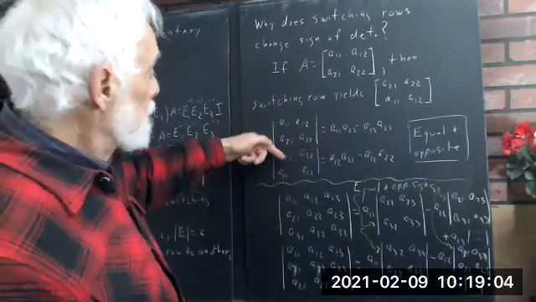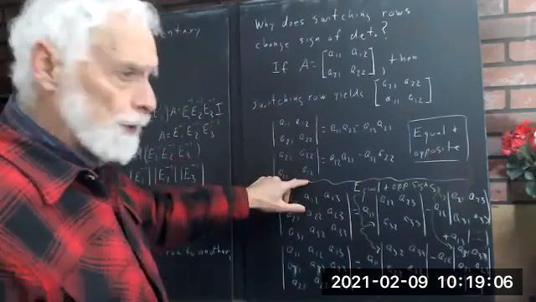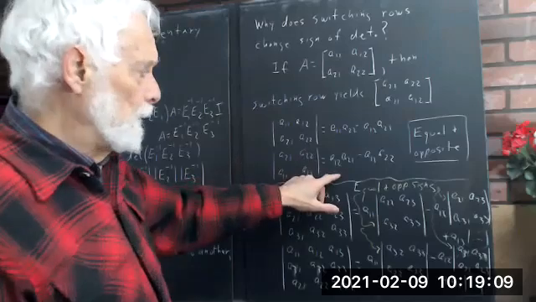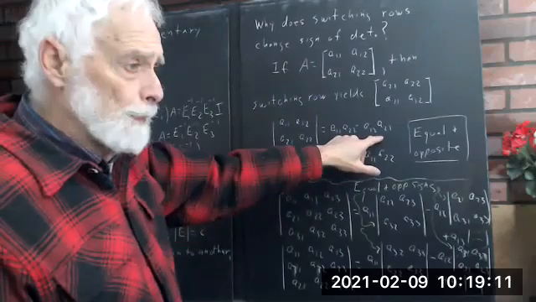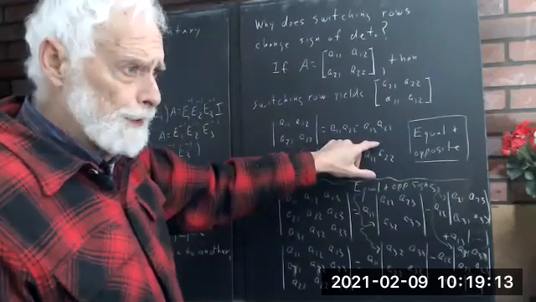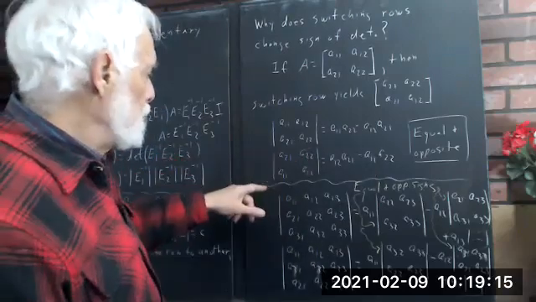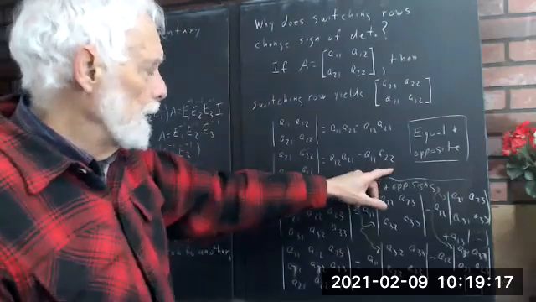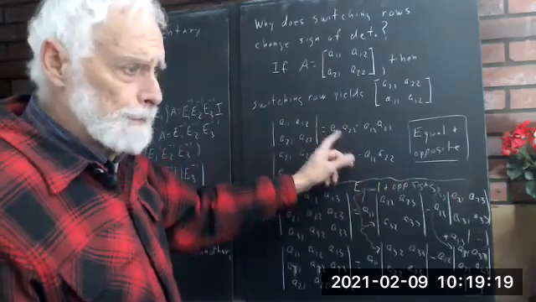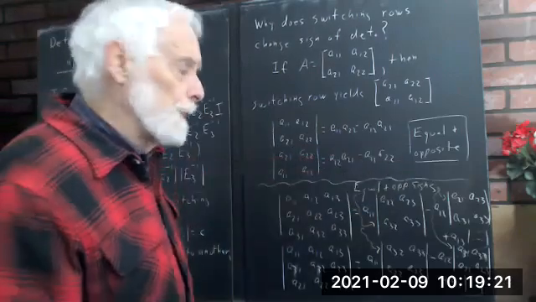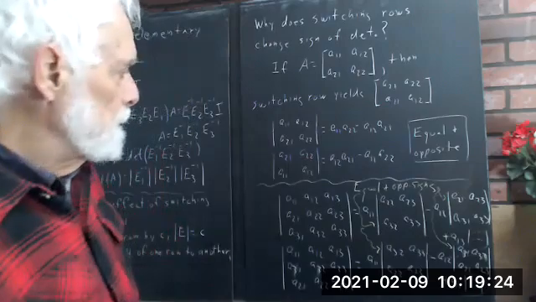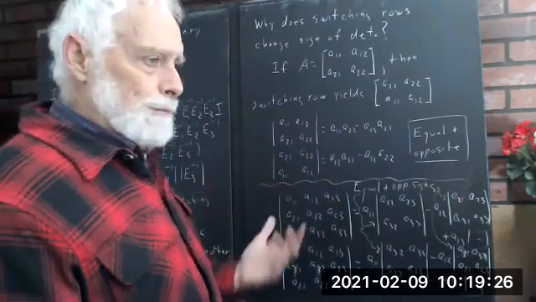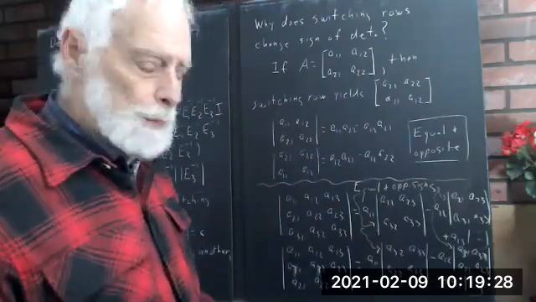For the second matrix, you have A21 times A12, but I'm going to write that as A12 A21, so it matches up with this, and notice it has the opposite sign here. And then A22 A11, I'm going to write as A11 A22, and it has the opposite sign here. So these are equal and opposite. That establishes it for a 2x2 matrix.